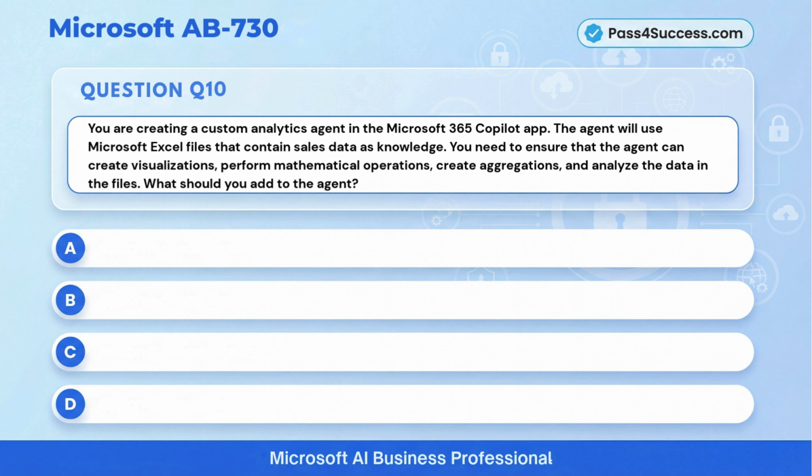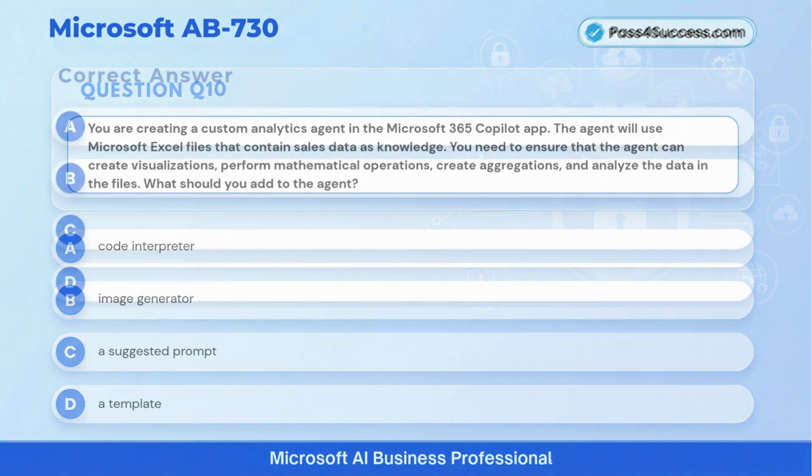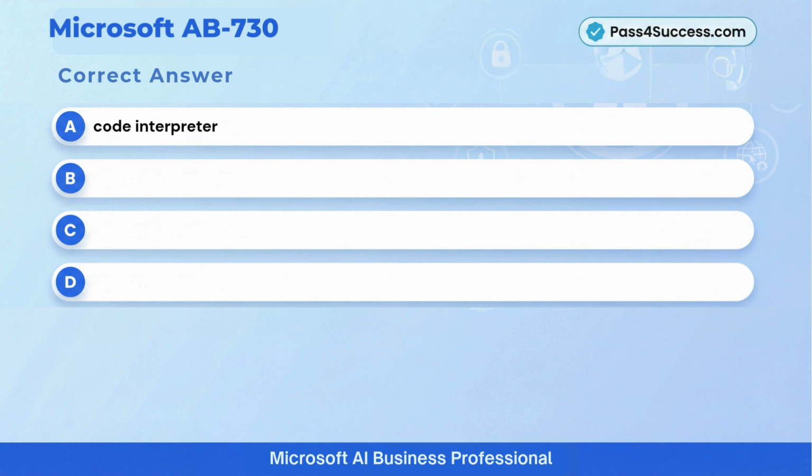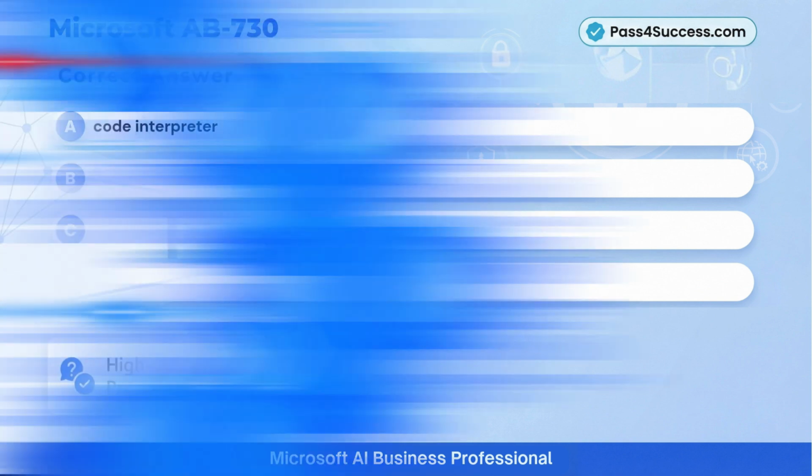What should you add to the agent? Option A, Code Interpreter. Option B, Image Generator. Option C, a suggested prompt. Option D, a template. Correct answer is A, Code Interpreter.